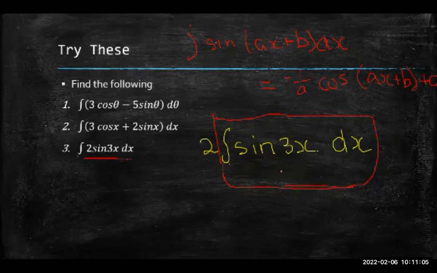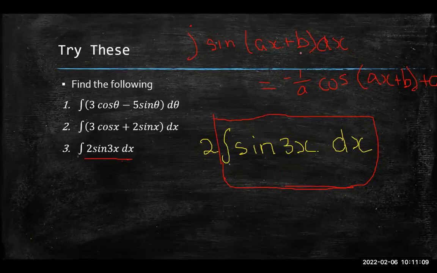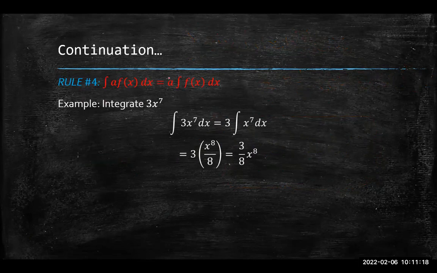So now this right here, the integral of sine 3x with respect to x, I can now apply this rule because I know how to integrate this. I know a rule that will help me to integrate this. So that's where this fourth rule here comes in handy.